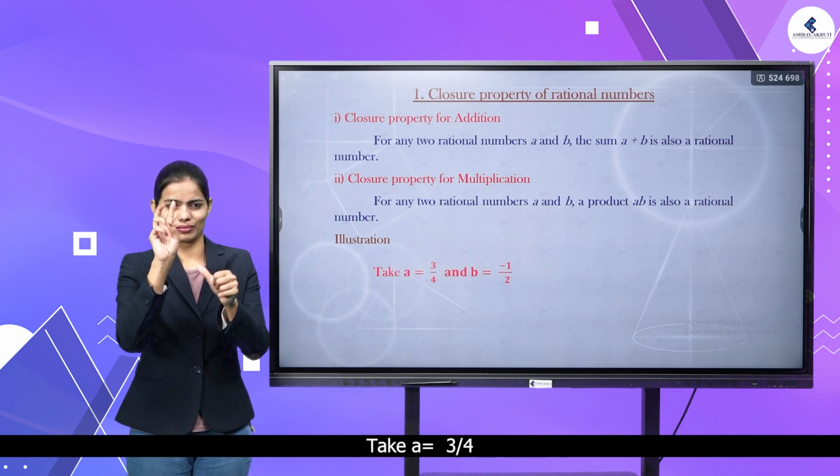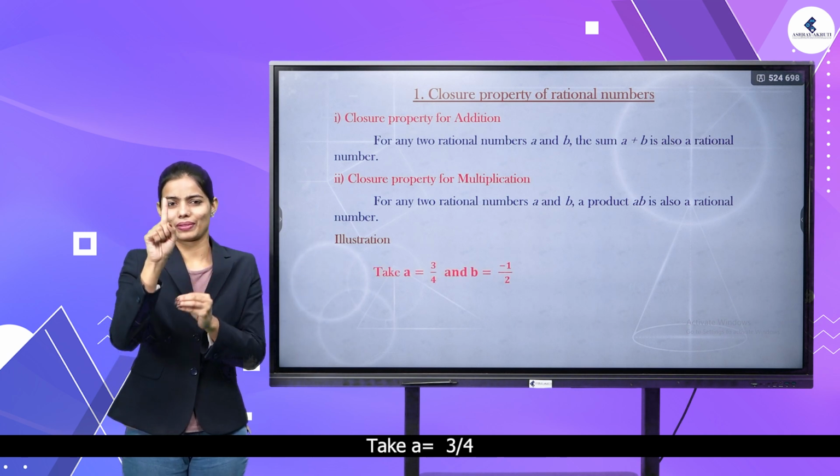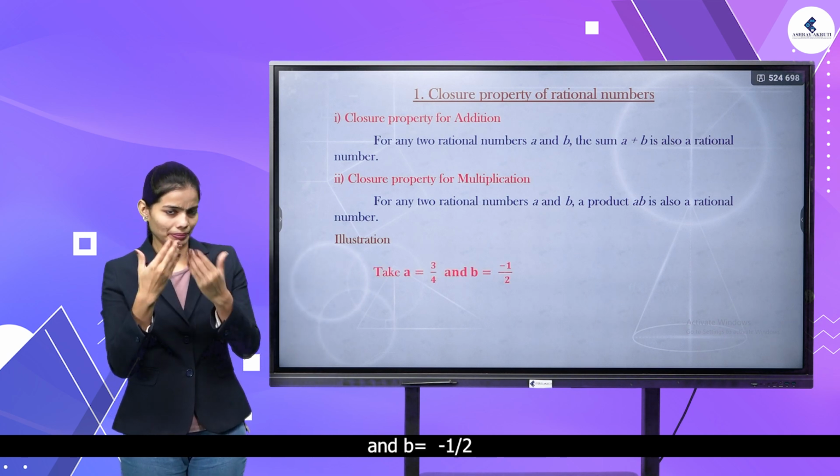Illustration: take a is equal to 3 by 4 and b is equal to minus 1 by 2.